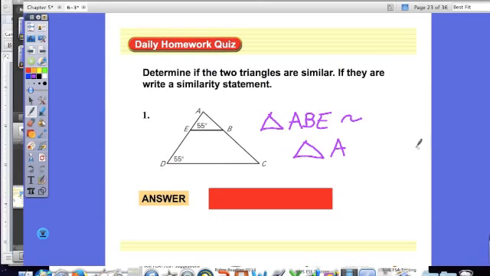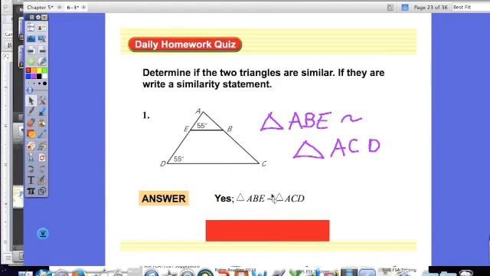E and D are going to be the same. So through angle-angle similarity, they must be the same. That means that B and C are going to be the same, they're going to be congruent. The angle-angle similarity postulate tells us that they will be similar. And there's the similarity statement.